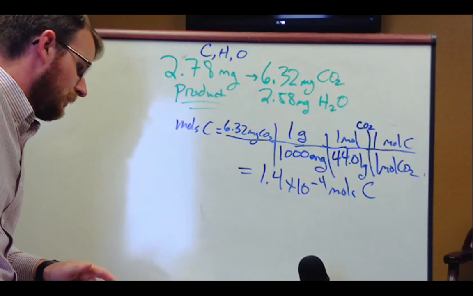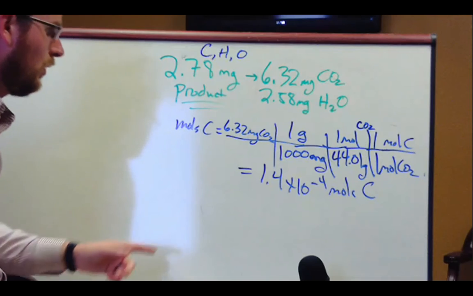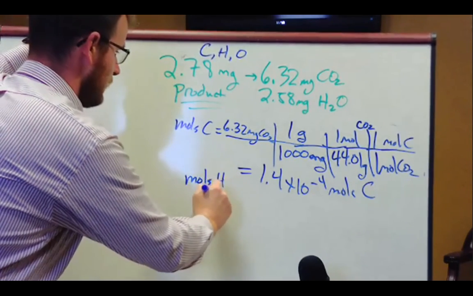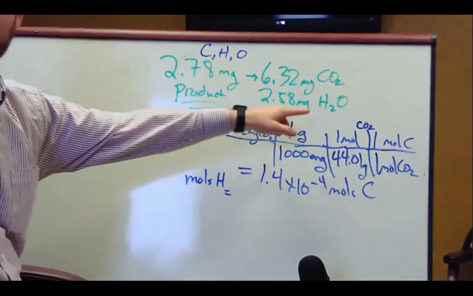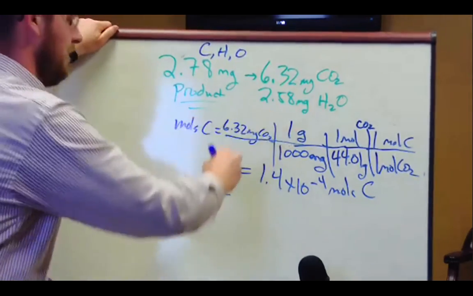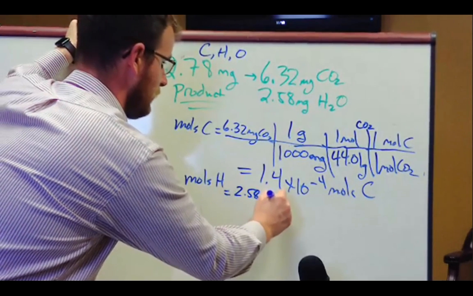So now, let's talk about moles of hydrogen. Because now we can do moles of hydrogen, because it's in a unique thing. And we're going to solve it exactly the same way. 2.58 milligrams of H2O.